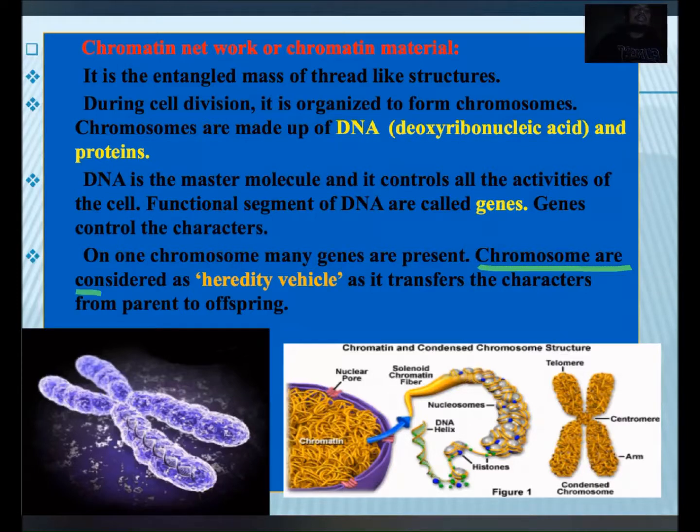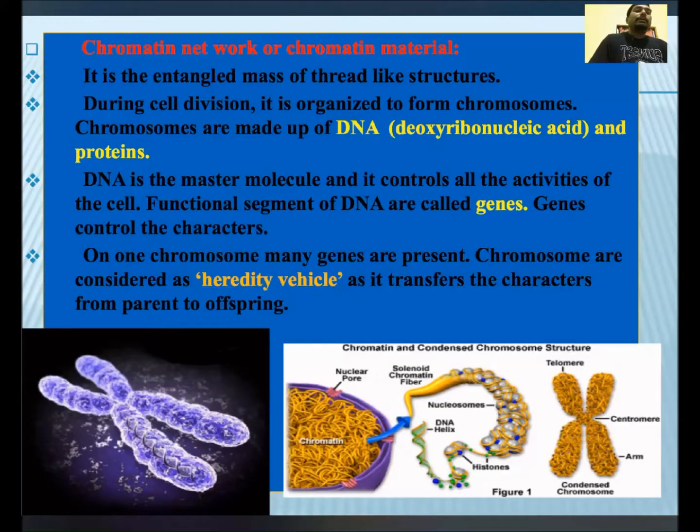Chromosomes are considered as hereditary vehicle because these carry genetic information in the form of DNA from parents to offsprings, or from one generation to the next generation. So we can say that these are hereditary material.